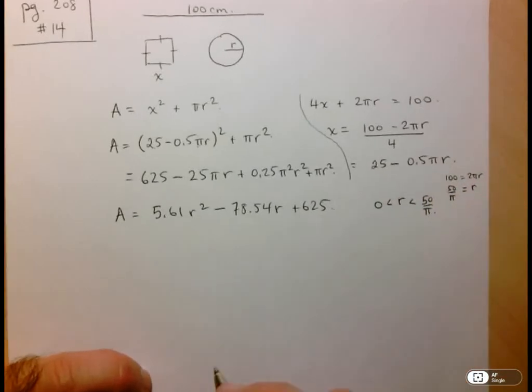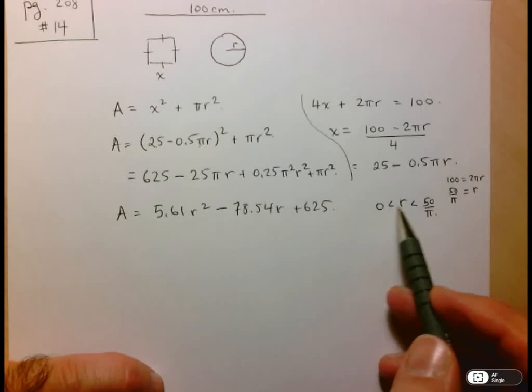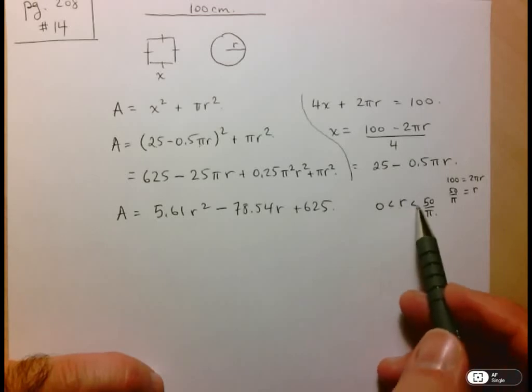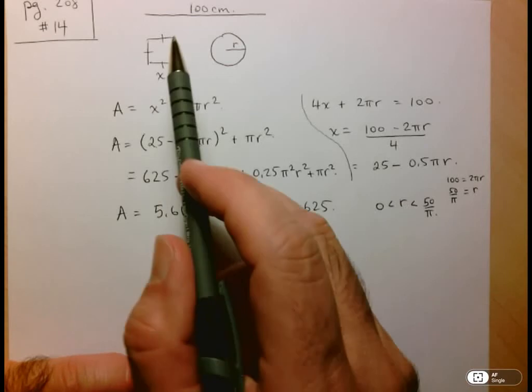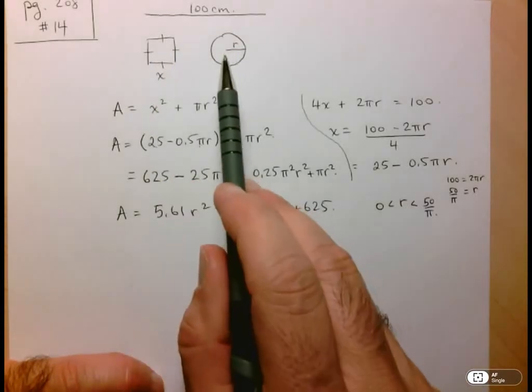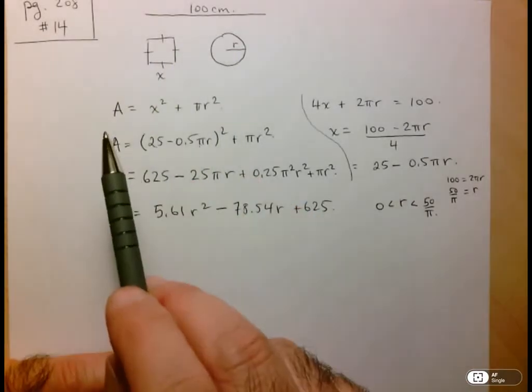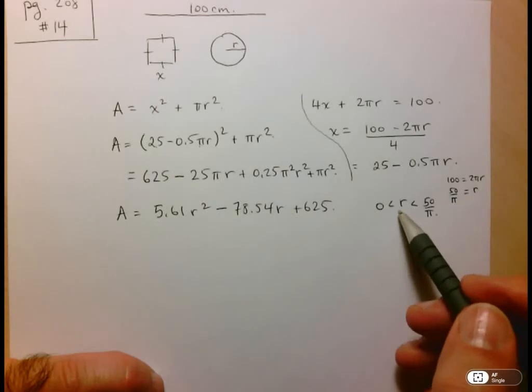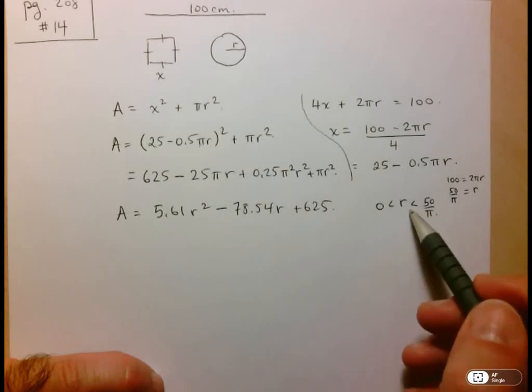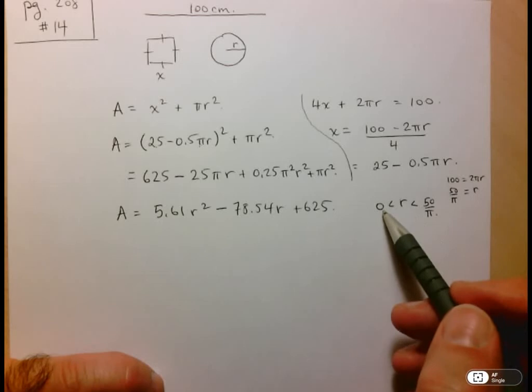Now there's a bit of a question here. Do we include the endpoints? The question does say that you should be creating both a square and a circle. If you need to create both, then these would be open intervals, because r can never actually be equal to 0.